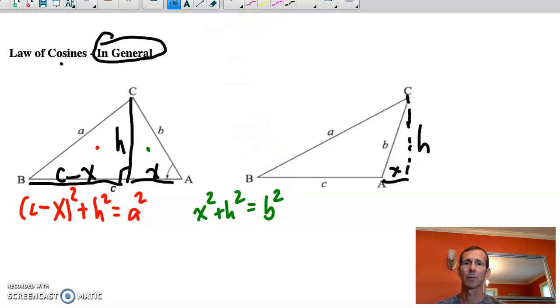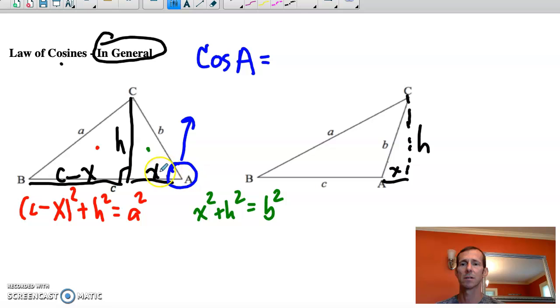And because I'm interested in angle A, as marked here, we know that the cosine of angle A is the adjacent over the hypotenuse, so that would be x over b.